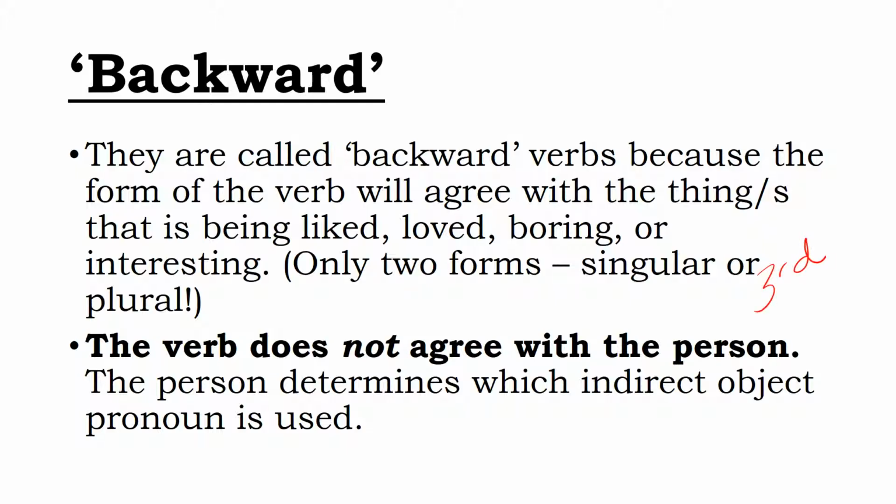So keep in mind that's the bottom row. The verb does not agree with the person. It agrees with the object that's doing the pleasing. The person determines which indirect object pronoun we use. So that's what we're going to look at first.